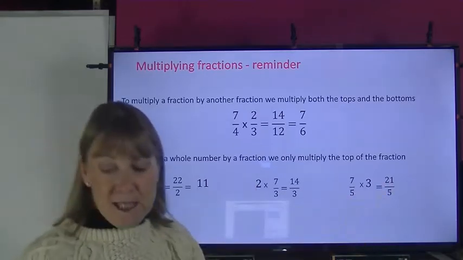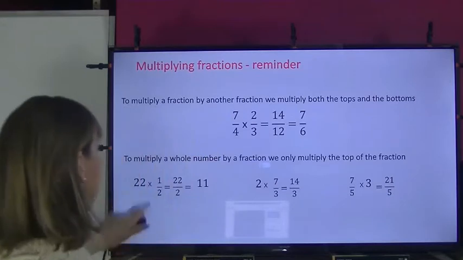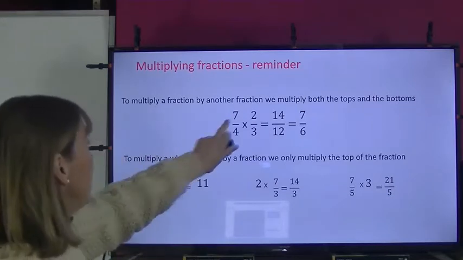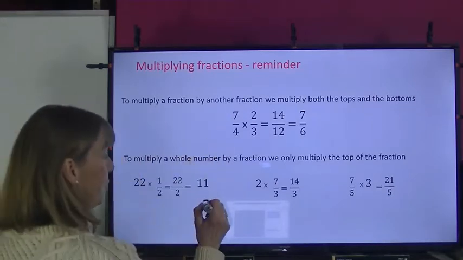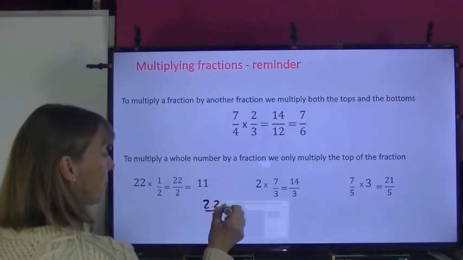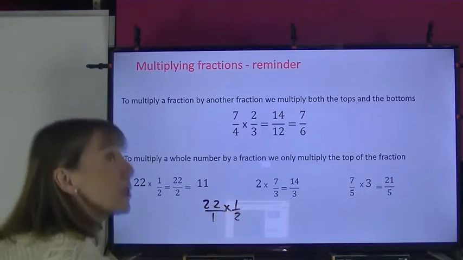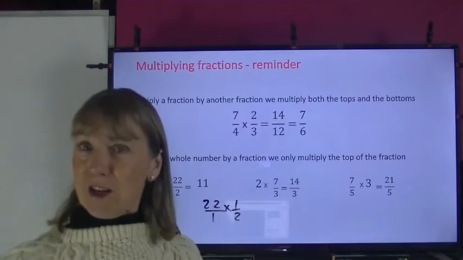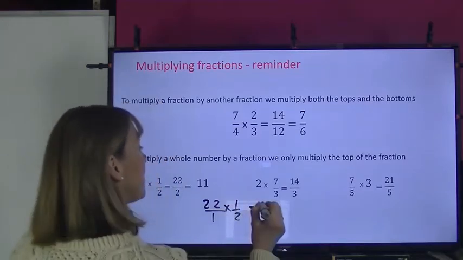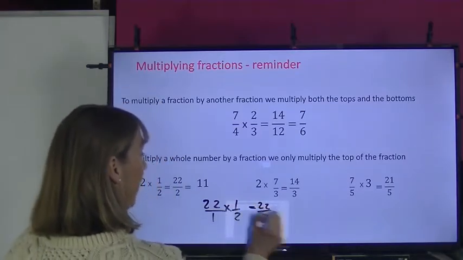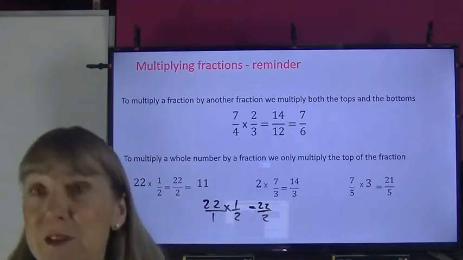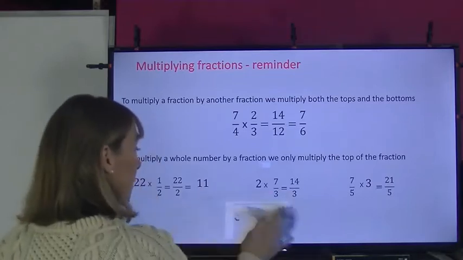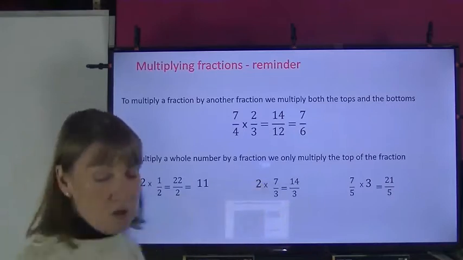Now, some people might prefer to make this sort of problem into that sort of problem, and you can do that. You can make 22 into a fraction by putting it over 1. Every number is a fraction over 1, and then multiply top and bottom, and we will get the same answer. But we only need to multiply the top row.